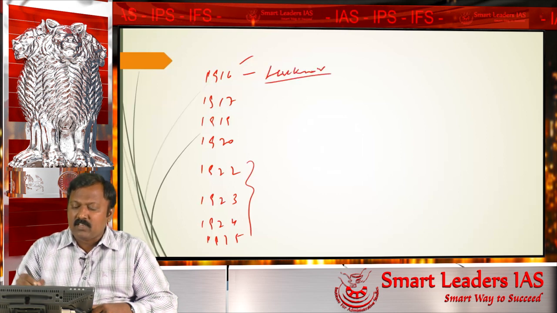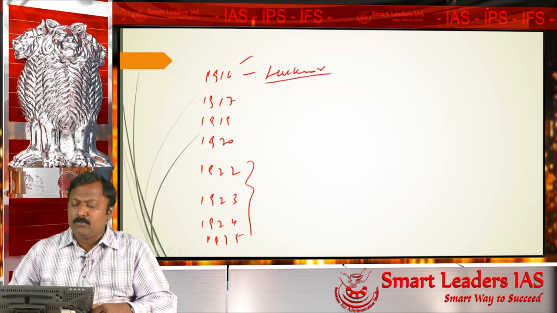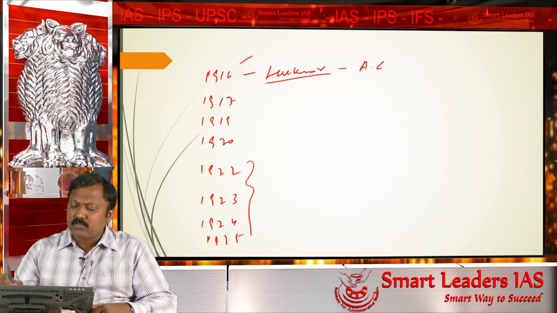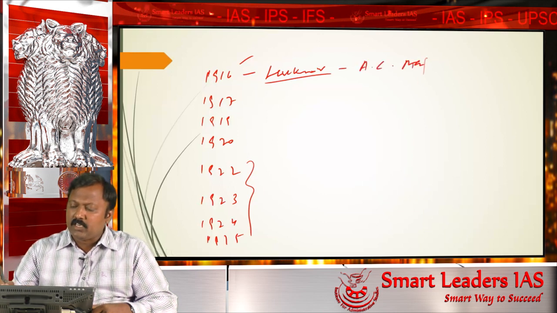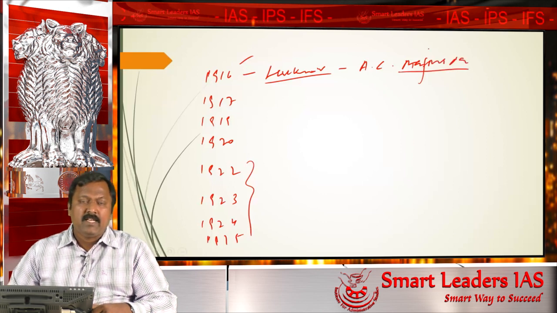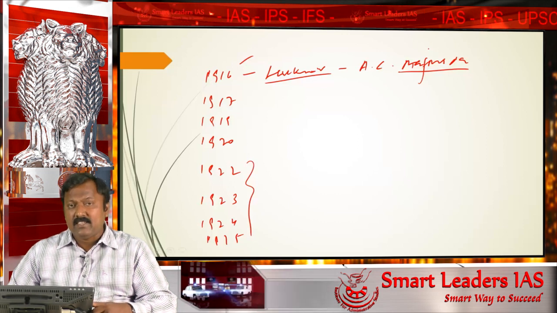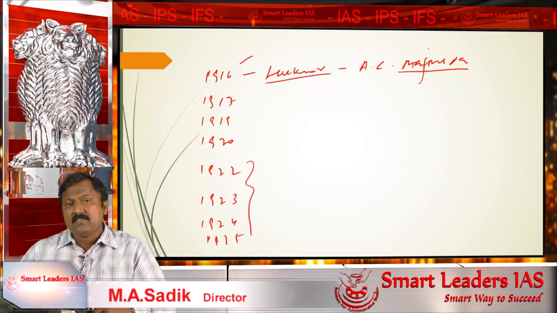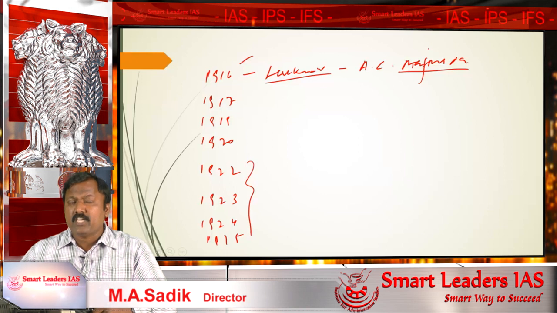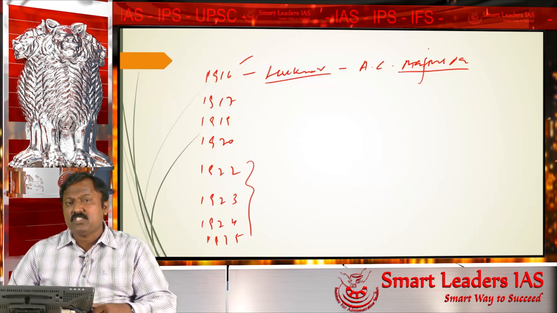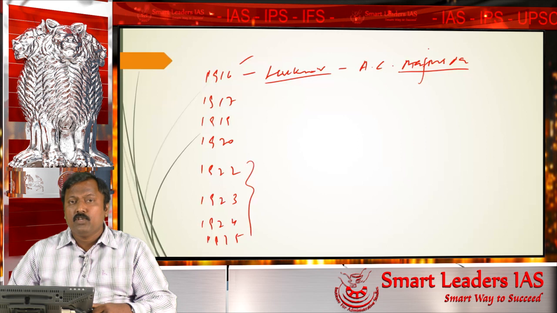Lucknow is a place where the moderates and the extremists came together under the presidentship of a person called A.C. Majumdar. A.C. means Ambika Charan Majumdar. Remember that in 1916 under his presidency in Lucknow, the moderates and extremists came together. This coming together is called Lucknow Unity.